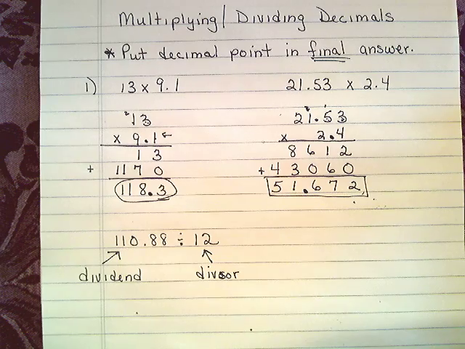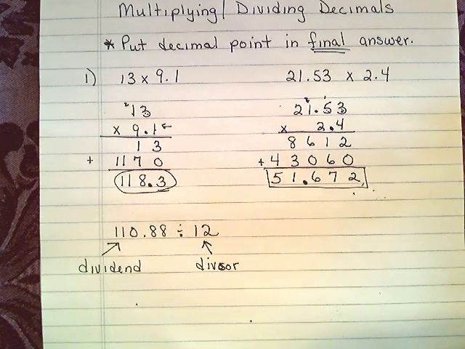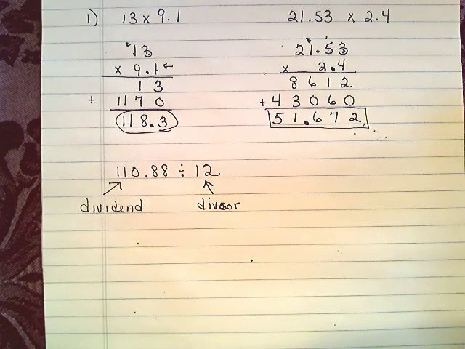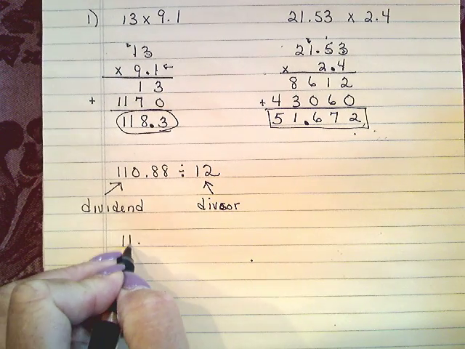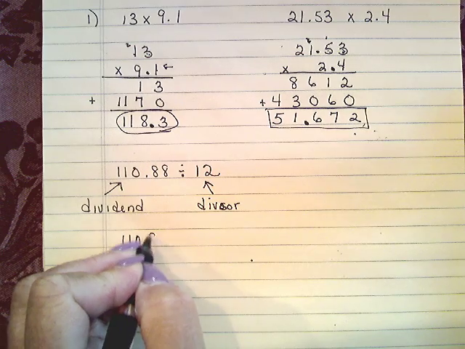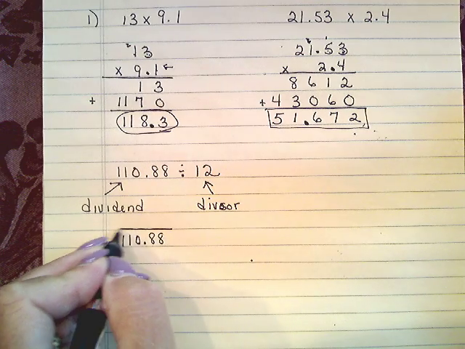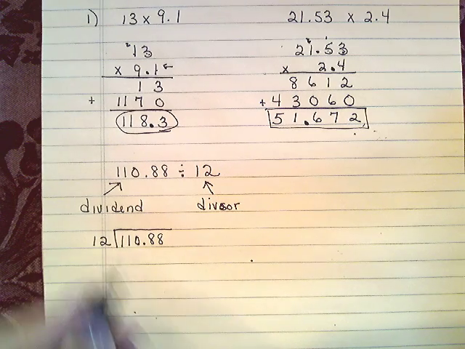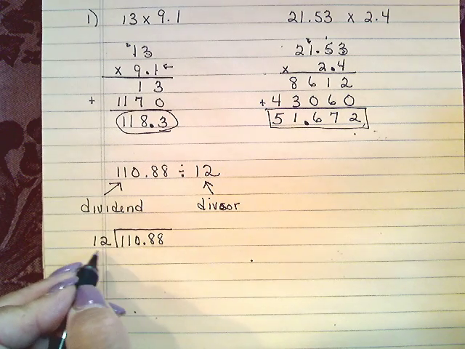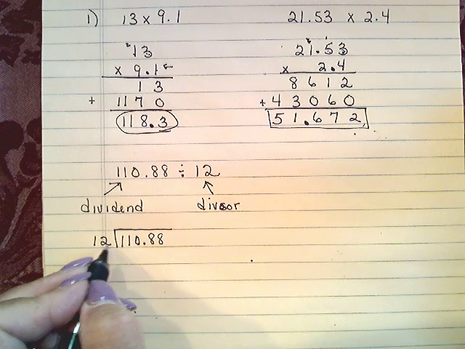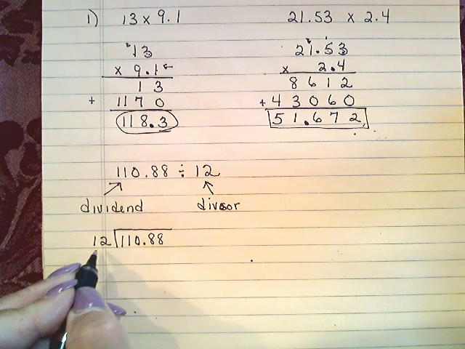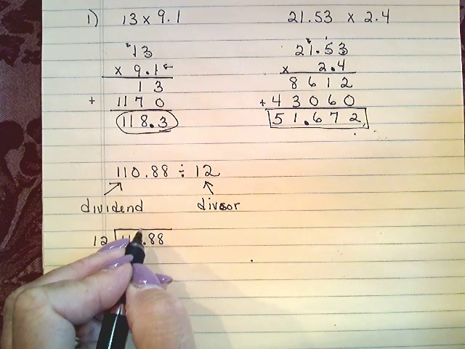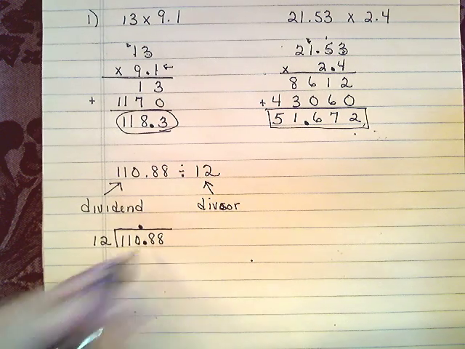That always goes on the outside, and it always has to be a whole number. As you can tell, in this first example, I left that divisor as a whole number. So 110 divided by 12. There's no decimal point that we have to move in the whole number 12. That decimal point's behind it. The divisor always has to be a whole number, and it is. So I'm just going to take that decimal point and put it right up there on my line.